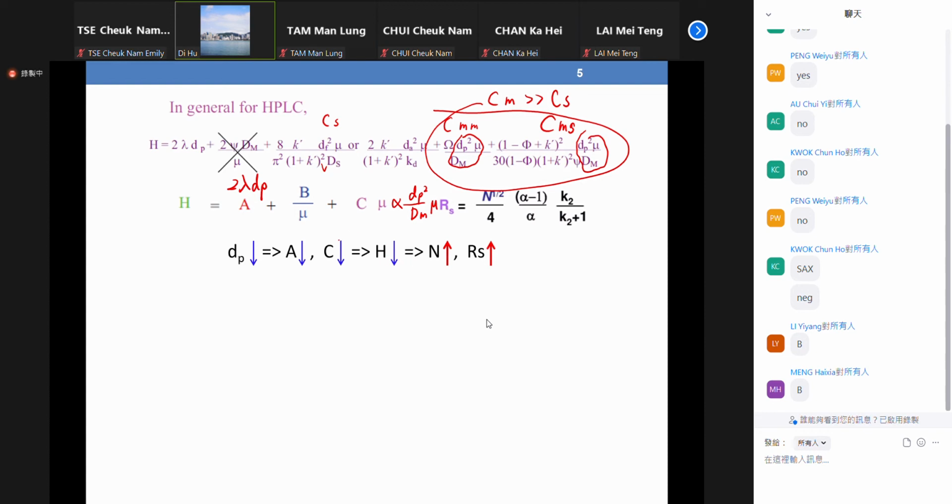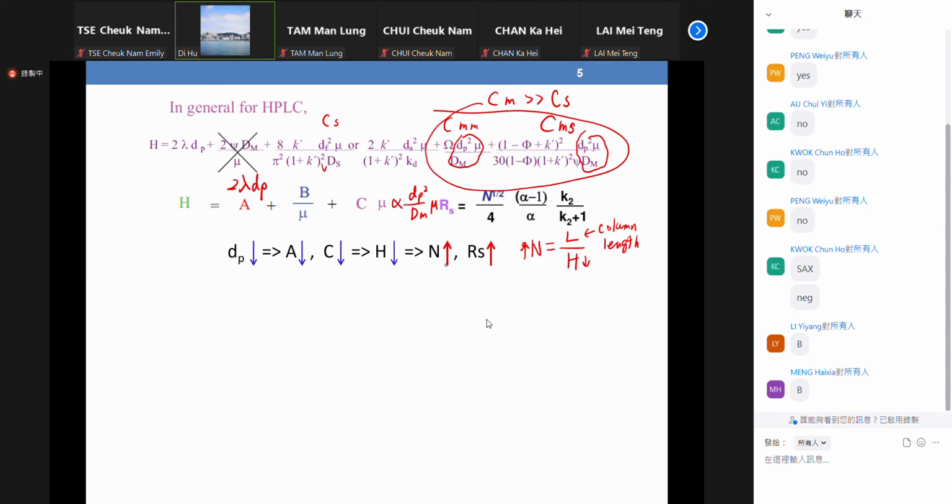And therefore the plate height decreases, because N equals L divided by H. L is the column length, H is the plate height. So when H decreases, N increases, right?